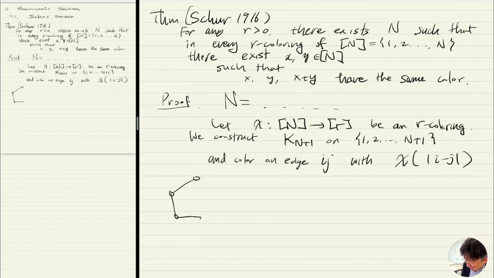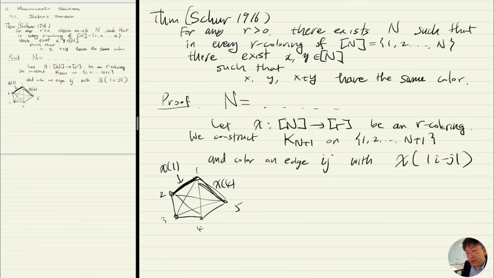So if you have a K5, this is 1, 2, 3, 4, 5. Then I color this edge by the color of 1, this edge by the color of 4, etc. Now this is an r-coloring of the edges of the complete graph.